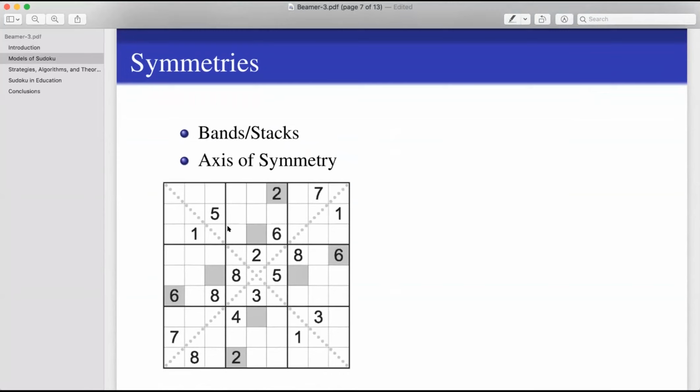And if you interchange any 2 rows in a band or any 2 columns in a stack, you get a new Sudoku puzzle, but it is essentially the same, therefore causing a symmetry of that Sudoku puzzle. And you can also interchange 2 whole bands or 2 whole stacks, which will give you essentially the same Sudoku puzzle. And if you flip it over any axis of symmetry, whether that be diagonal, vertical, or horizontal, it also creates a symmetry.